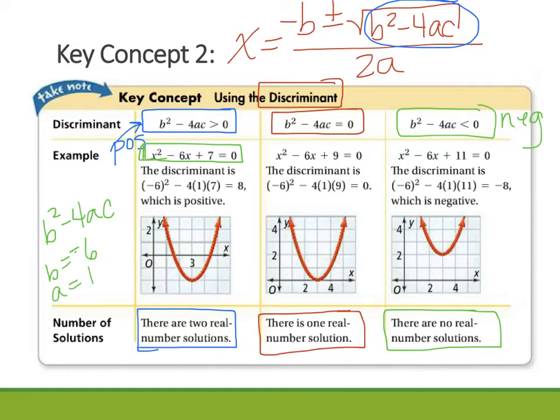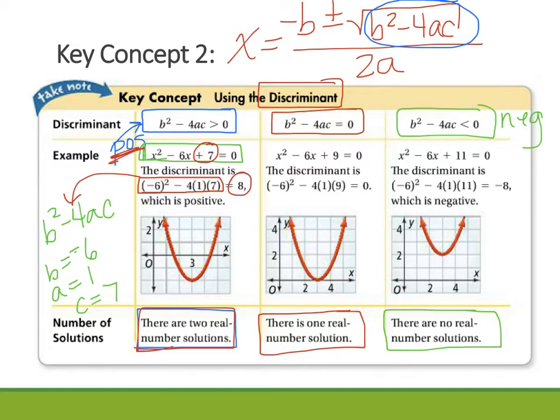It's a 1, because if there's not a coefficient, you use a coefficient of 1 for any term. And c is 7 in this, so it's this number here. So notice that they just plugged those numbers into the discriminant formula, and they got back a value of 8. Now, because 8 is positive, that tells me that I have 2 real solutions.